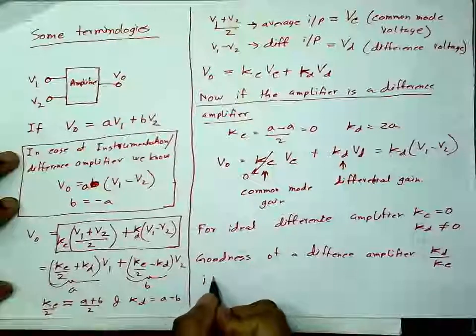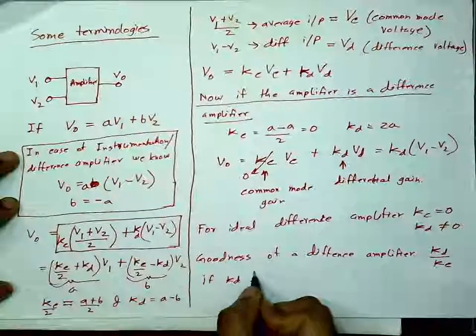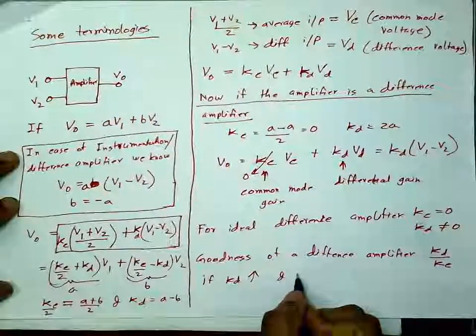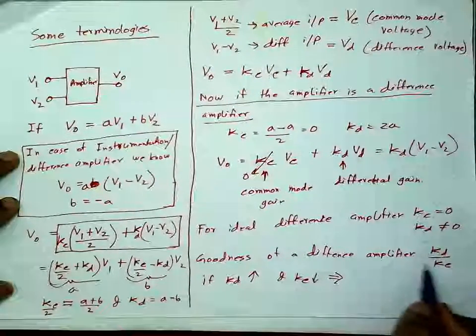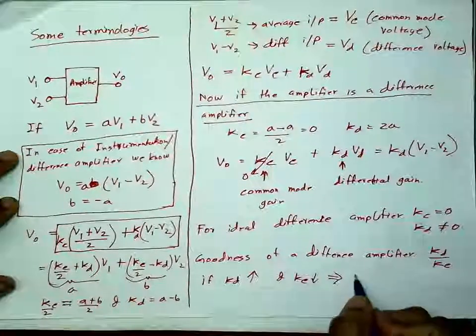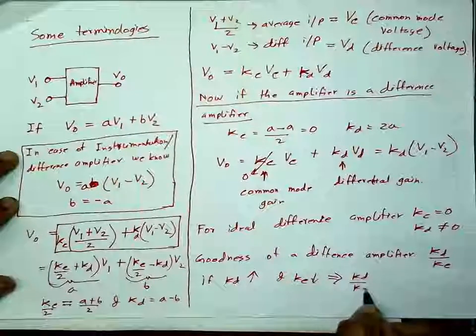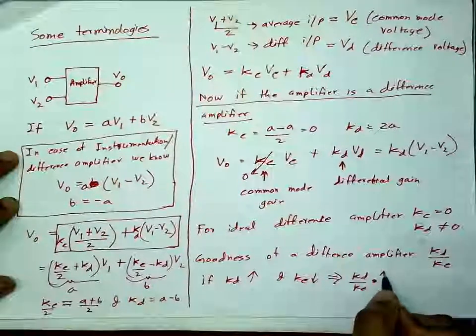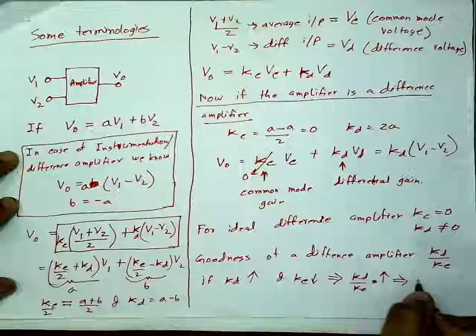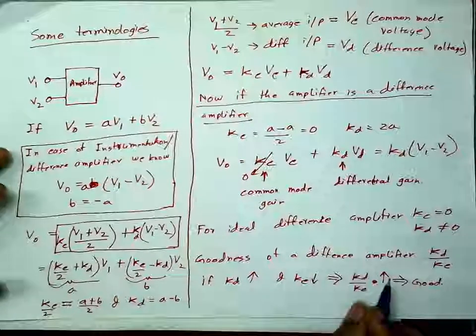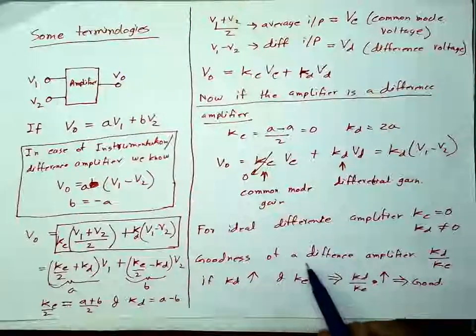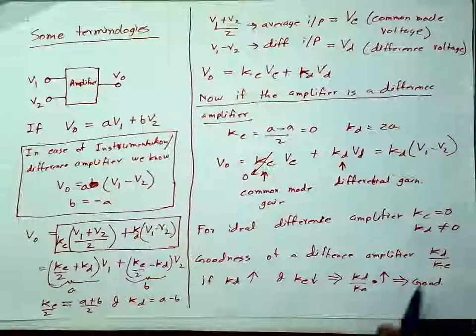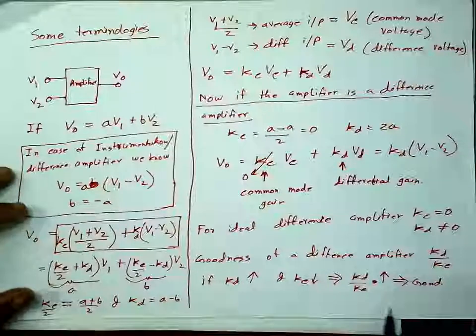So if Kd is high and Kc is low, then this factor Kd by Kc is high. That means good. The difference amplifier is really a good difference amplifier. It doesn't bother about the average value. Okay, cool.